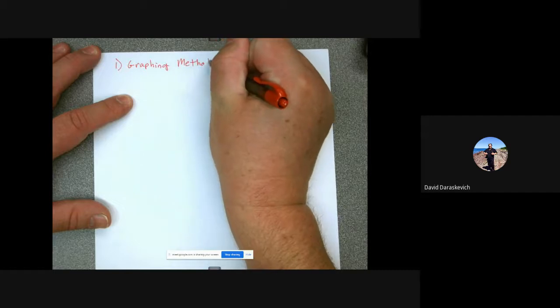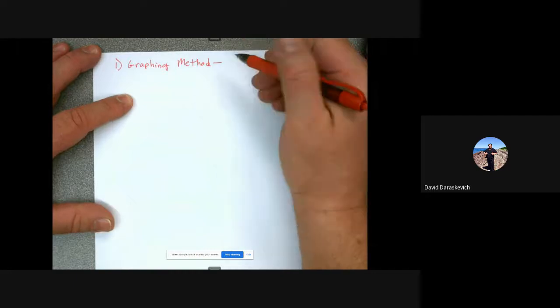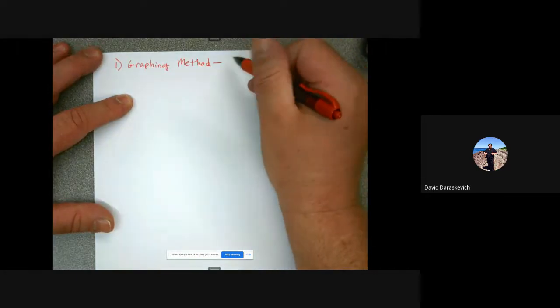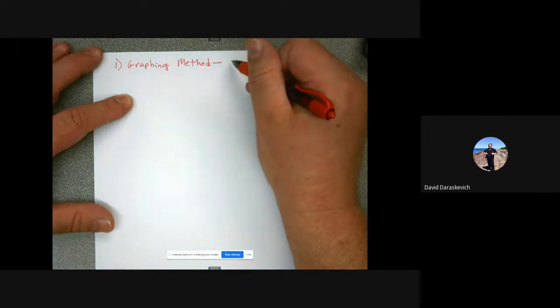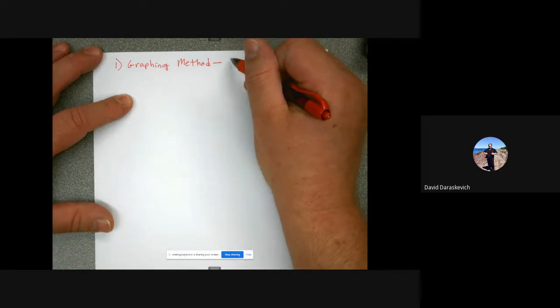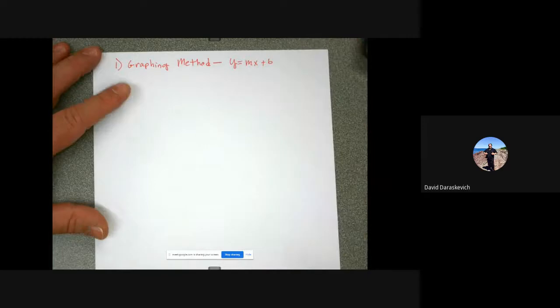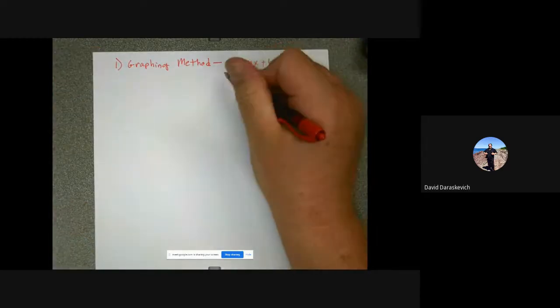And this works best if we have two lines, two systems, two linear equations in the form of y equals mx plus b. Because they're easy to graph.